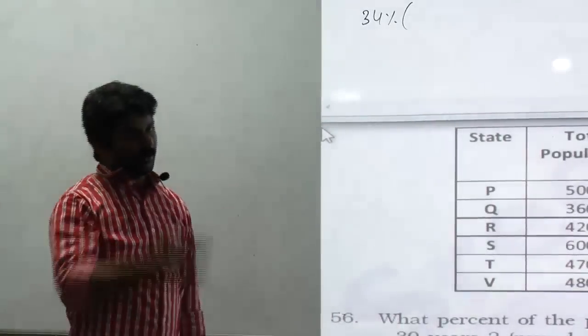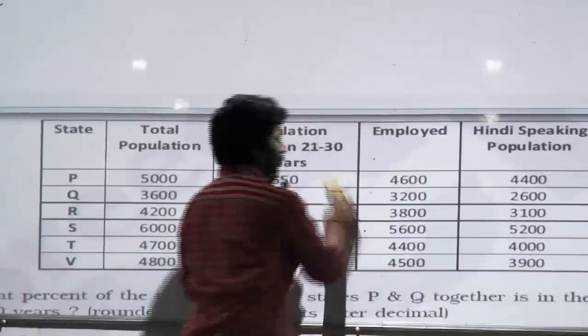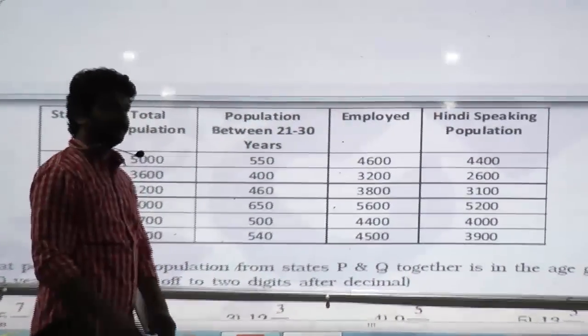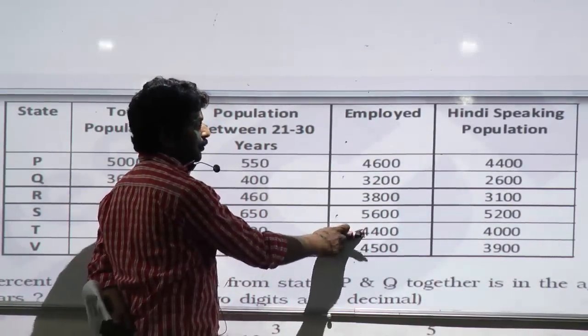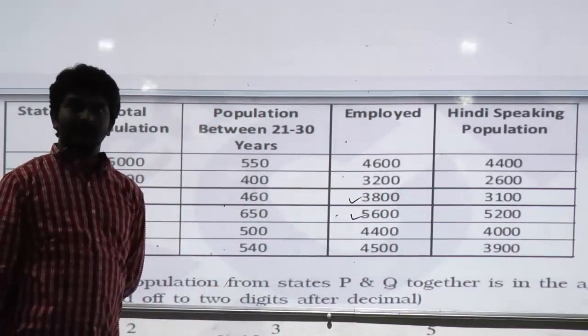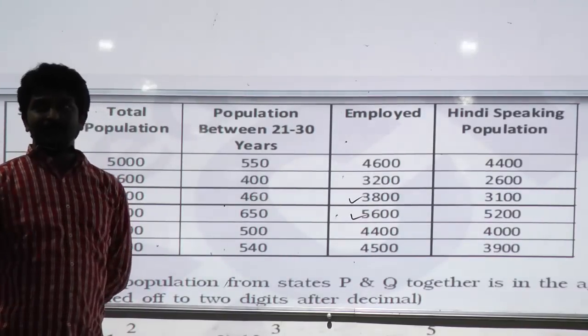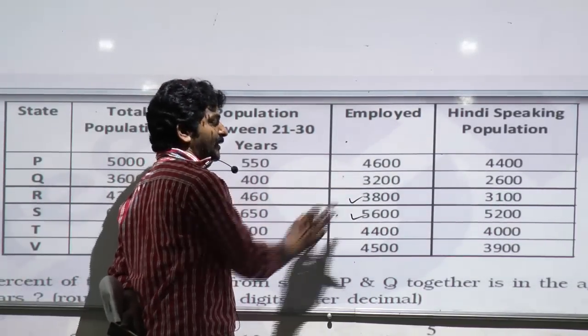34% of what? Total population. The total employed. Now 4,000. 1, 2, 3, 4, 5. I can see 5 4,000s. 20,000. 23,000.